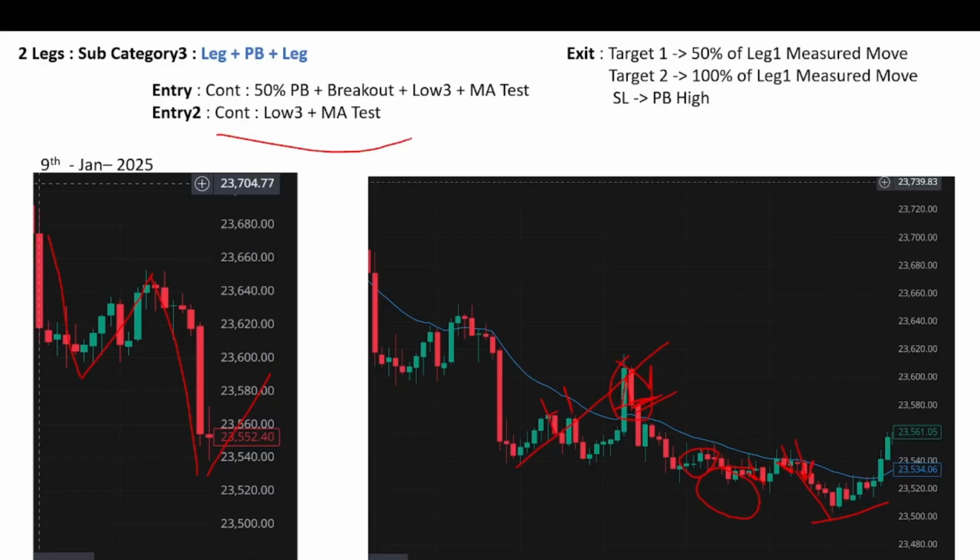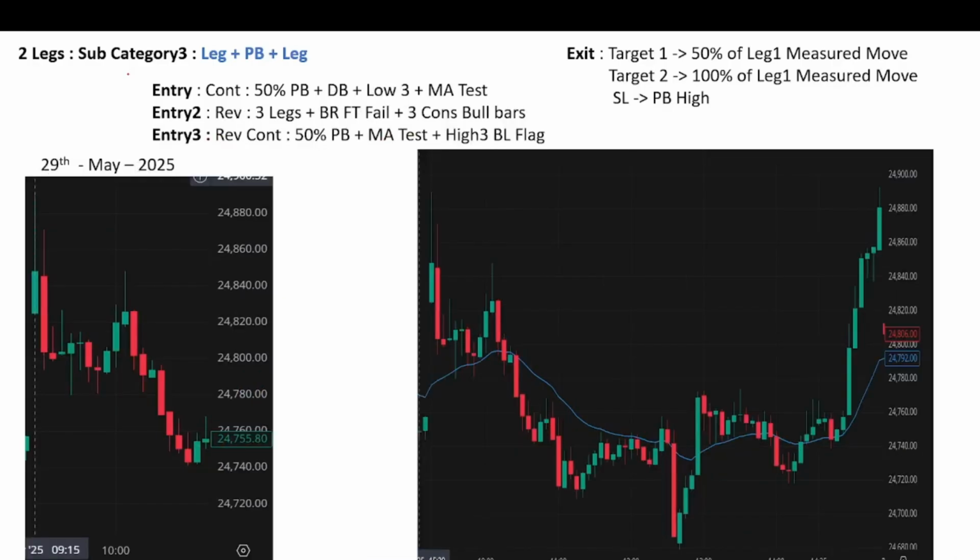But we can always catch swings on the other days, and following these rules you can catch swings and also 0 to hero trades. The conditions are the same for every trade, but the market momentum that day will decide whether you make the 0 to hero trade or the normal swing, right?